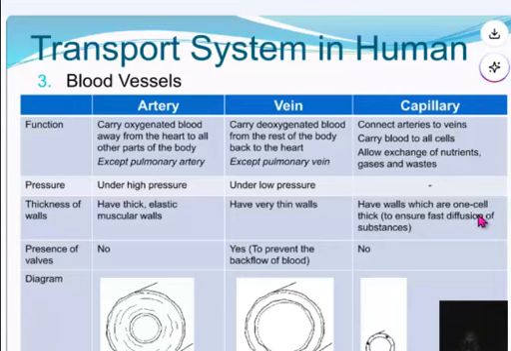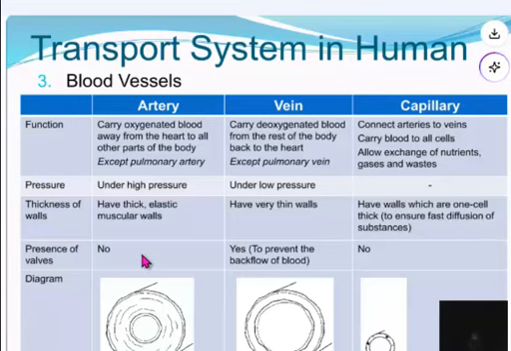Capillaries have walls which are 1 cell thick to ensure fast diffusion of substances. All this thing I'm asking a question based on that. Why are they having thick, muscular walls? Why are they having very thin walls? Why walls that are 1 cell thick to ensure fast diffusion?